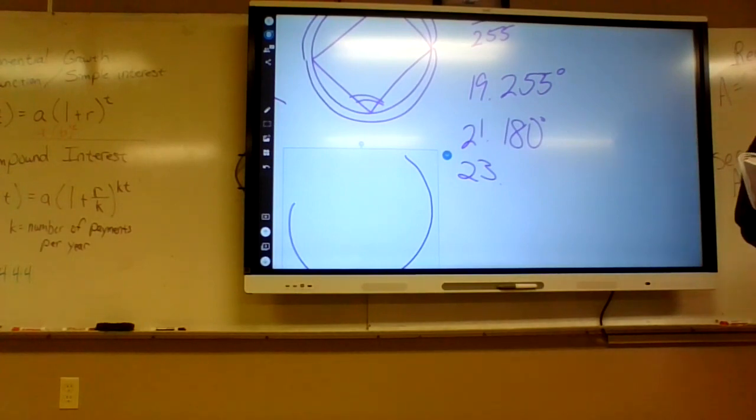Okay, a hint is that you need to recognize that segment EC is a what? EC is, what's it called though? Diameter. So it splits the circle in half. That's hint number 1.